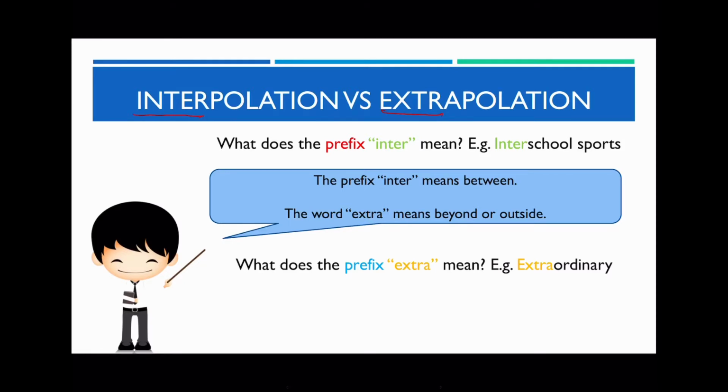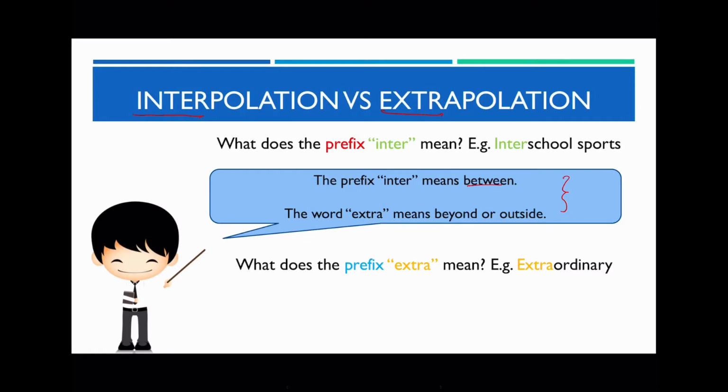Extraordinary here would mean beyond normal, since ordinary means normal. We can use these two terms to predict the definitions of interpolation and extrapolation. Since inter means between, you're estimating between something, whereas extrapolation means you're estimating a number that lies outside of something.